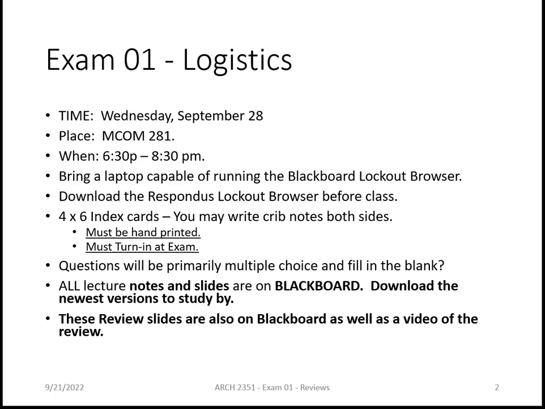Okay. So, 4x6 card. You can have one 4x6 note card. That should be the only thing besides your laptop on the desk. Everything else should be in a backpack or underneath a purse or whatever. One 4x6 card. There are some stipulations.